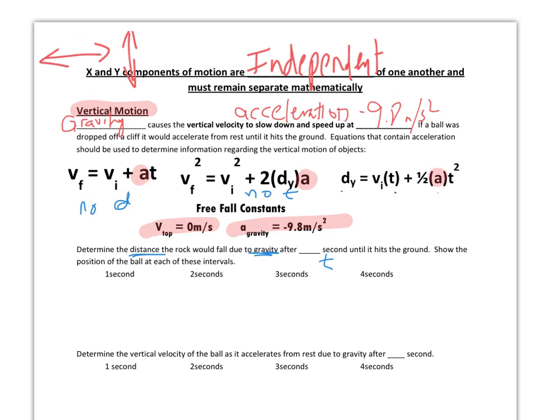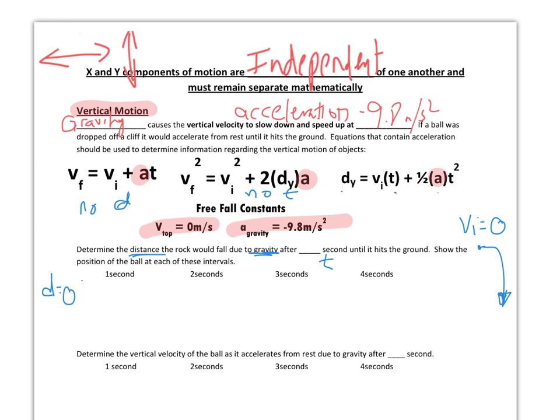If I wanted to do it for 1 second, 2 seconds, 3 seconds, 4 seconds, so we'll get some general practice. So my displacement is going to be my initial velocity. If something is falling, then obviously its initial velocity up at the very, very top, the highest point, is going to be 0.